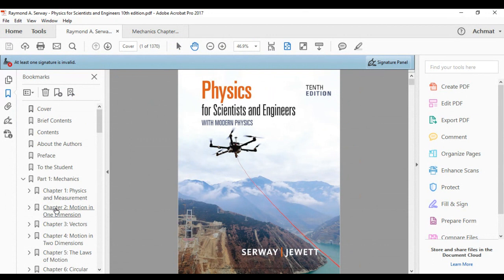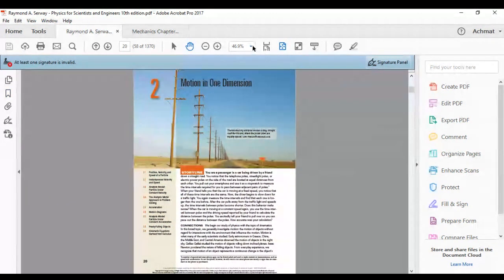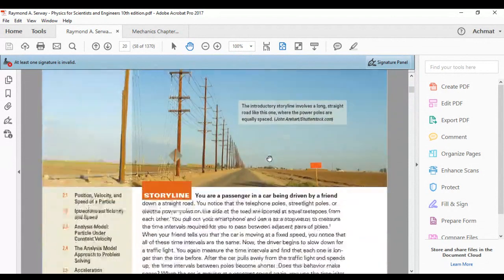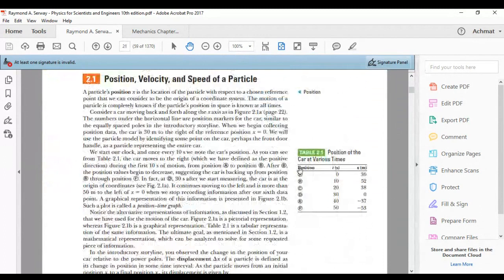So there we are, Chapter 2, Motion in One Dimension. I'm going to close this and make this a bit bigger, and then go through to the example.